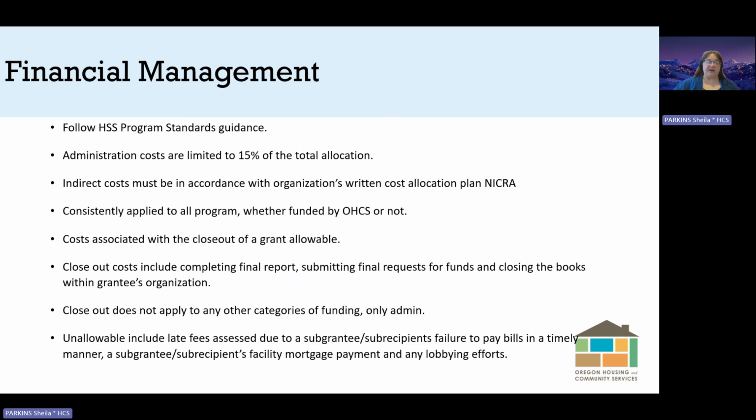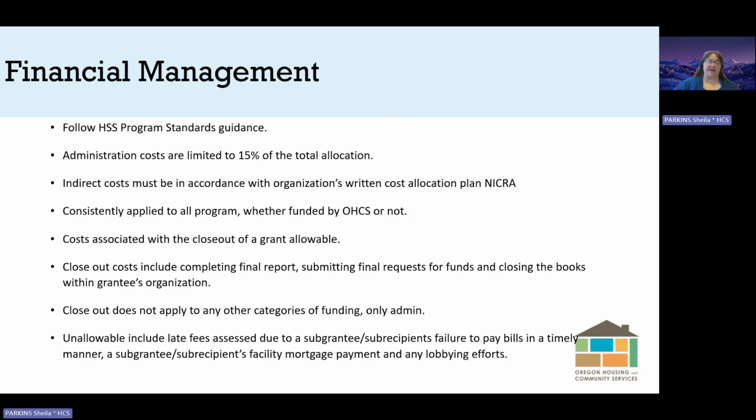Costs associated with the closeout of a grant can be included when incurred, but must be liquidated prior to the due date of the financial report, August 30th. Closeout costs include costs associated with completing the final report, submitting final requests for funds, and closing the books within the grantee's organization. This does not apply to any other category of funding, only to the admin category.